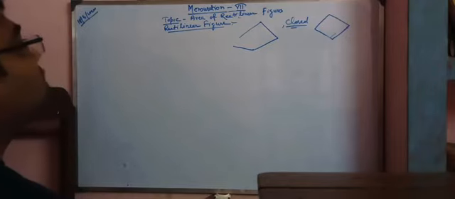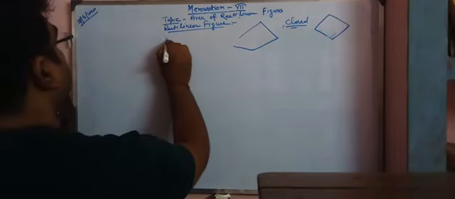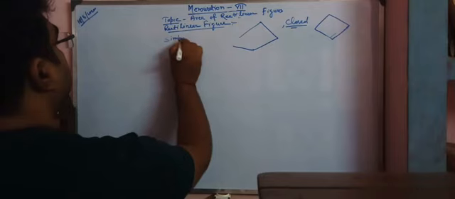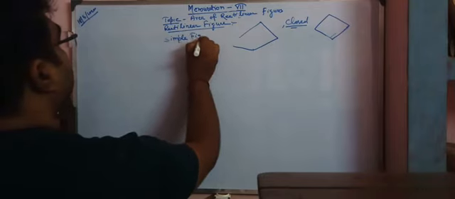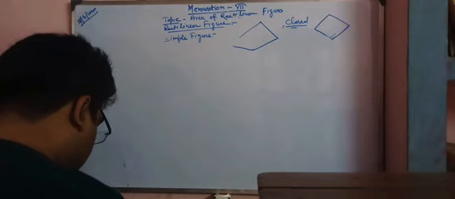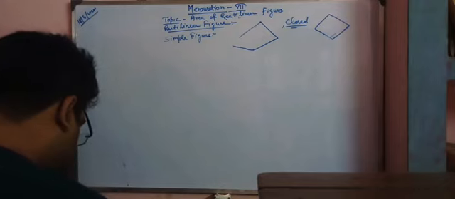Next, come to simple figure. A rectilinear figure is said to be simple if no two sides of it intersect except at a common endpoint.